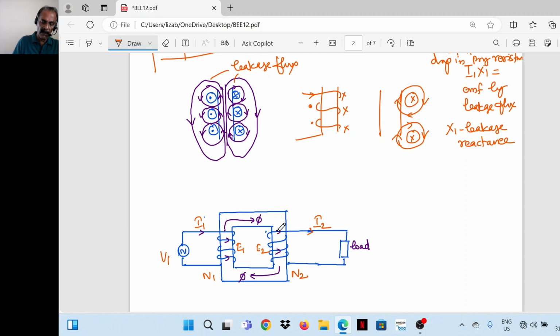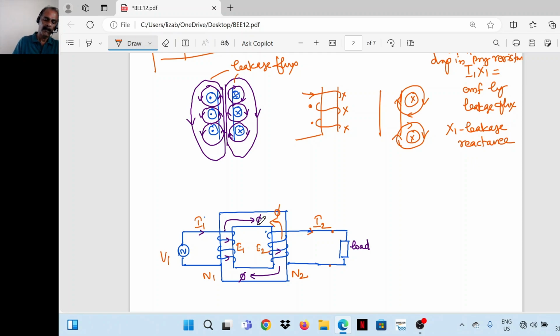The direction of I2 is such that when the secondary terminals are connected to a load, the current flows in the secondary winding in a direction that opposes the main flux. So this is the direction of current, and this is the direction of flux set up by the secondary current.